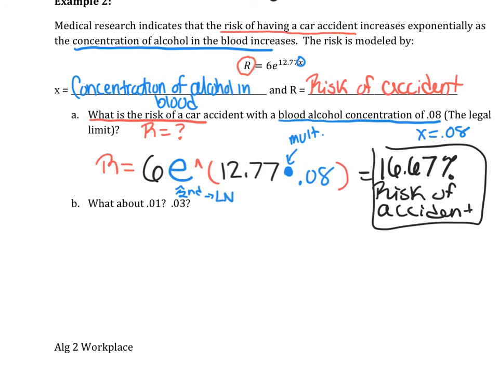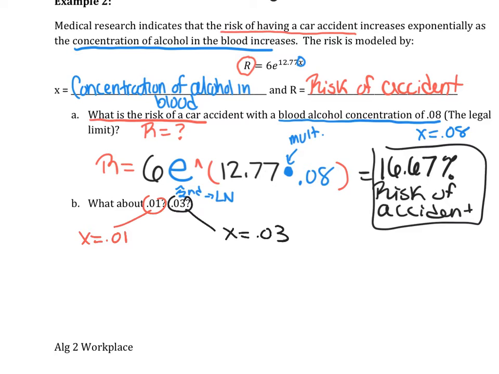Okay, can you guys try letter B? So again, I'm just giving you two different values for x. So you're going to do one problem where you have x equals 0.01 and one where you have x equals 0.03. Okay, so go ahead and do those. Again, this is really just practice using our calculator and plugging this stuff in.